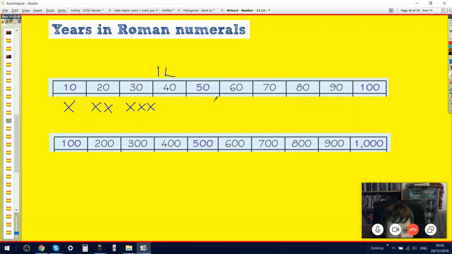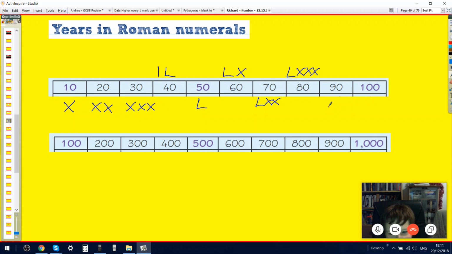Yeah, I think it's IL. Then 50 is L. 60 is LX. 70 is LXX. 80 is LXXX. 90 is XC.